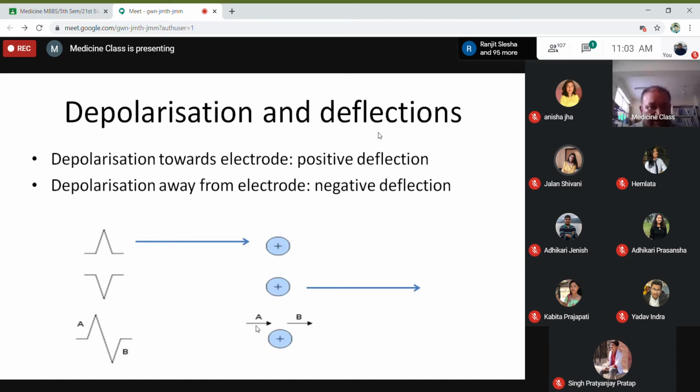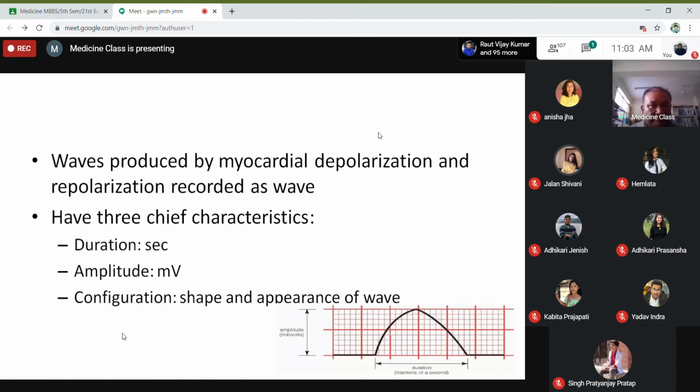Because of A it's positive, and because of B, which is going away from the electrode, you trace it as a negative deflection. So the combination of these produces the ECG tracing. Whenever there is a myocardial depolarization or repolarization, waves are produced and recorded as a simple wave.